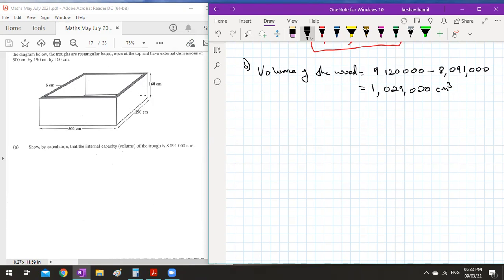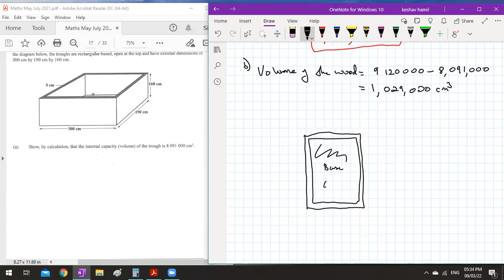Now, if you were to think about it like this, you would have the external wall, and then we'll have the base, right? So this would be the base here, and this would be the external wall.